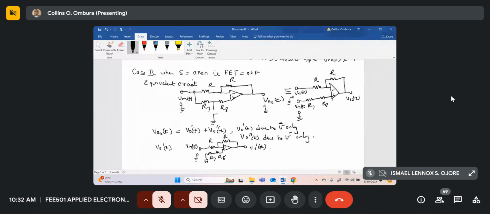So this will simply be our inverting amplifier, which is minus Rf over Ri times Vm of t, which is equal to minus R, Rf is R, Ri is R, into Vm of t, which is just minus Vm of t.